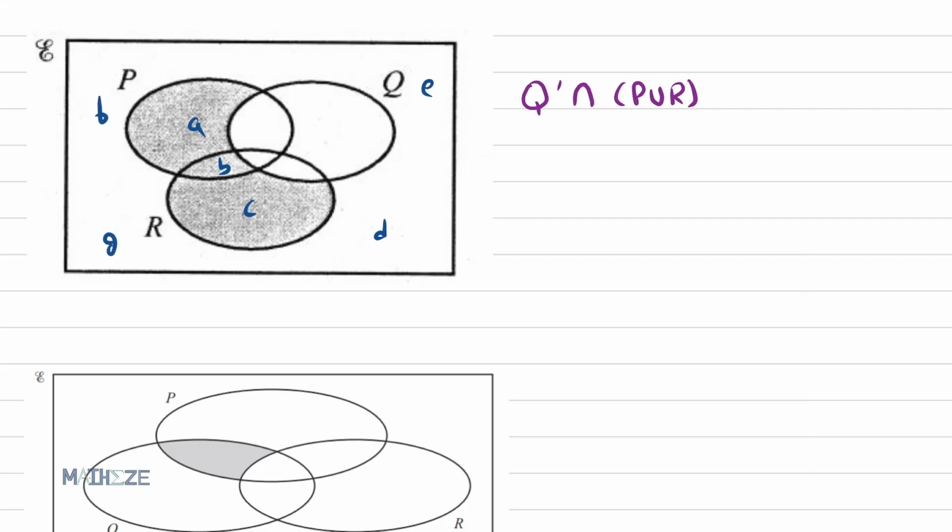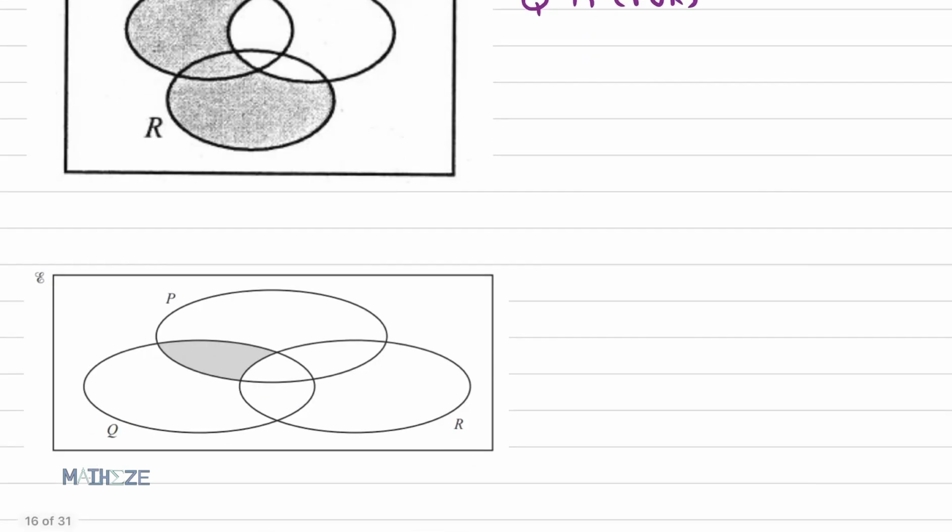Intersection P union R means what? Entire P and entire R. So my shaded region is this one. And you're going to erase the rest. Now if you can see, the shaded region you got and the shaded region given in the question were the same. Let's move to next question.